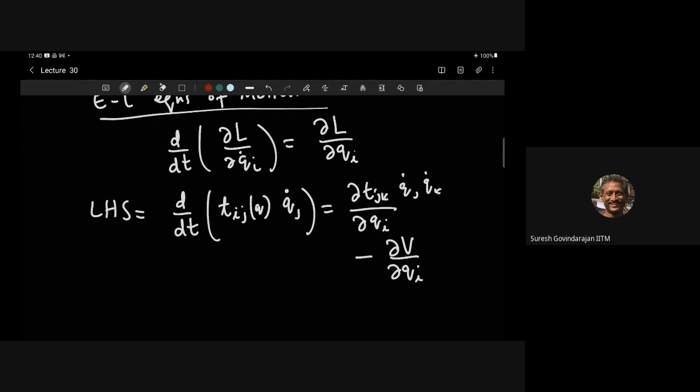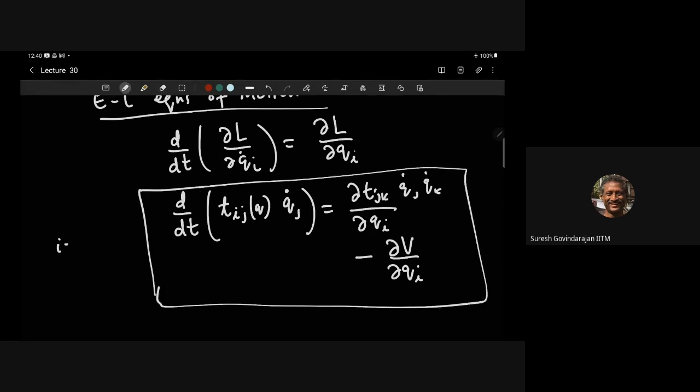I wrote LHS, but actually I've written the full equation of motion. Is it okay or not? Yes, sir. I didn't make any mistakes.